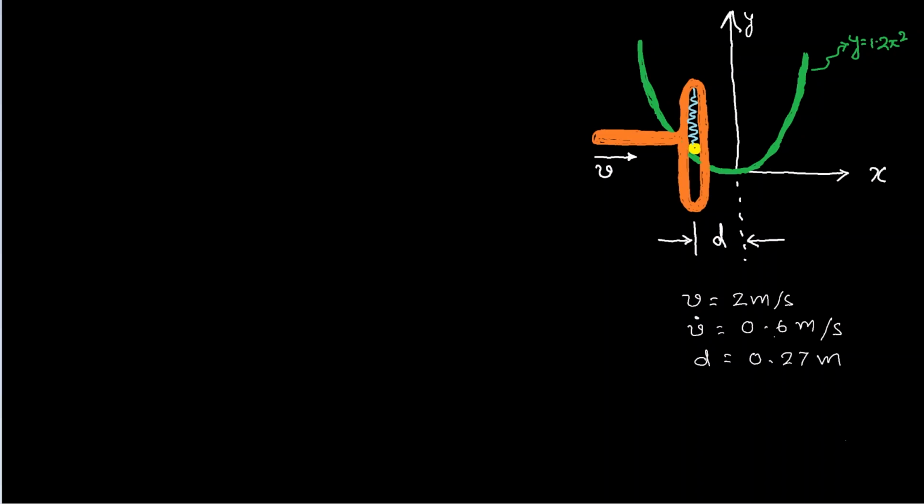For such problems, when there is a constraint given on the motion, generally we should start with the relationship between the y coordinate and the x coordinate as given here. Suppose I write y is equal to 1.2 x squared.